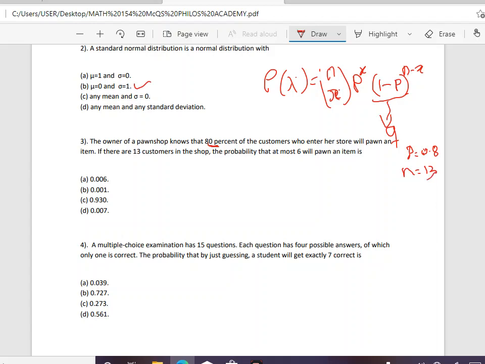But the question wants us to find the probability that at most 6, and at most 6 means less than or equal to 6.